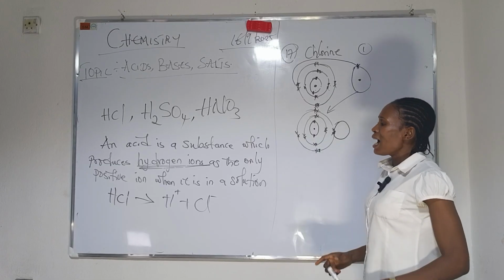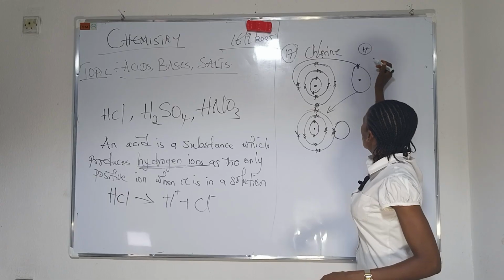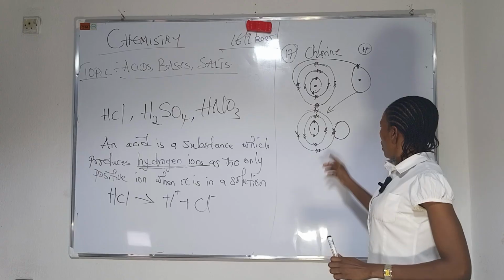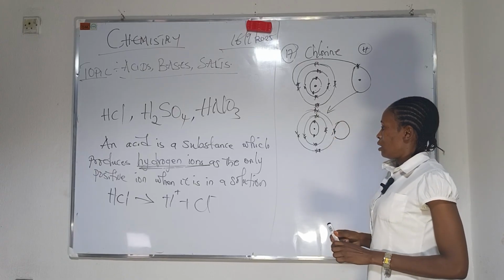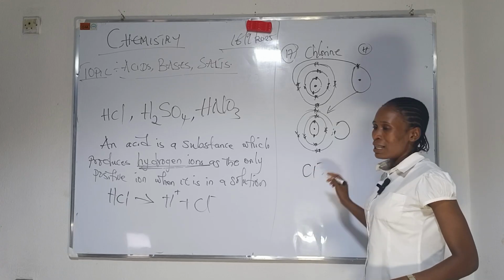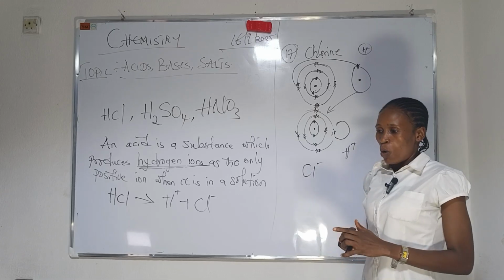Now, when there will be splitting, this is chlorine and this is hydrogen. Coming together, we call it hydrogen chloride. When there will be splitting, this will now turn to chlorine ion. And this will be hydrogen ion. Why?